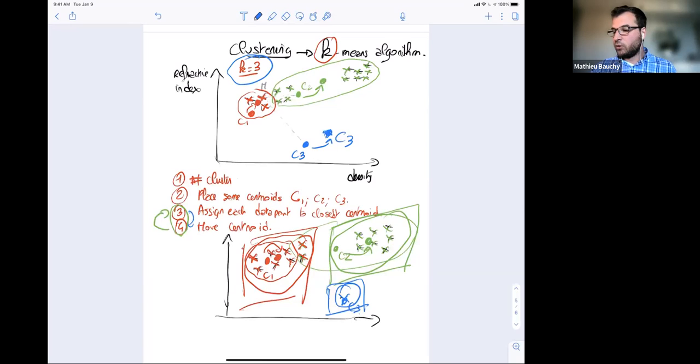It won't tell you directly what is the best number of clusters that can describe the data that you have. Once we start to put that into practice, I will still show you how you can in practice find the best number of clusters to define a group of data. But at least in the direct implementation of this algorithm, you have to know from the beginning how many clusters you think you will find in the data.